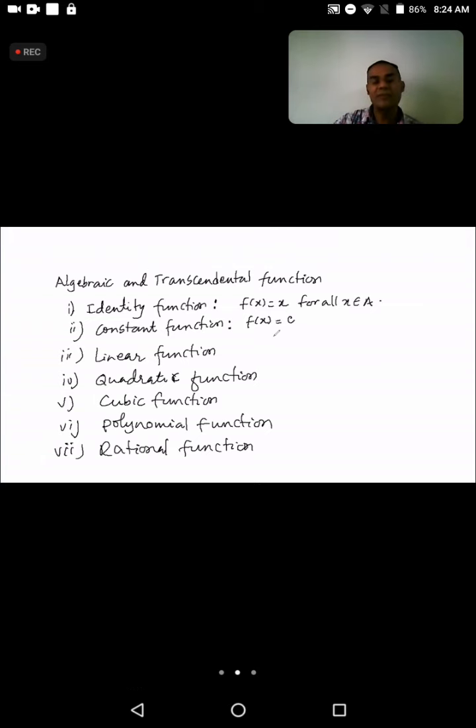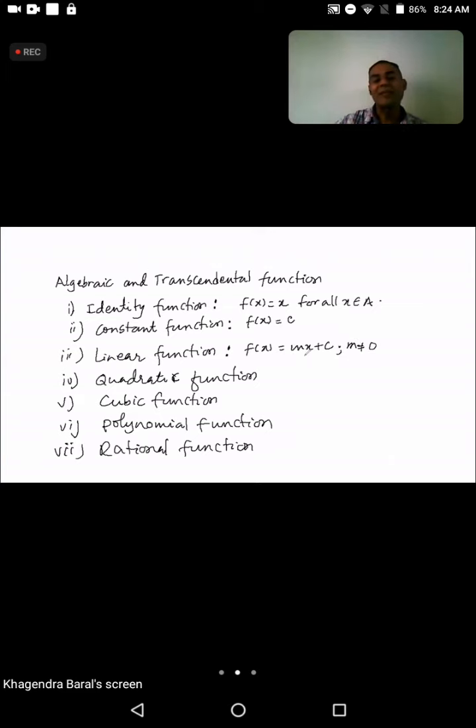The function f defined from set A to set B given by f of x is equal to mx plus c, where m is not equal to 0, is a linear function.